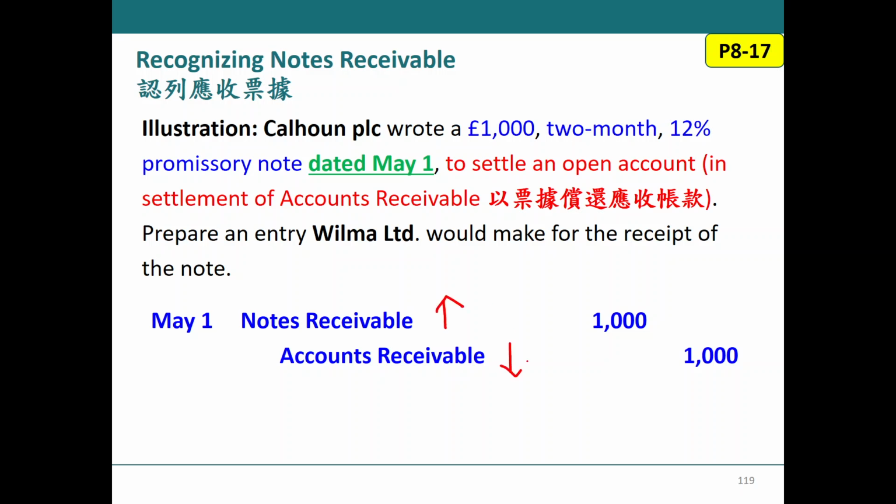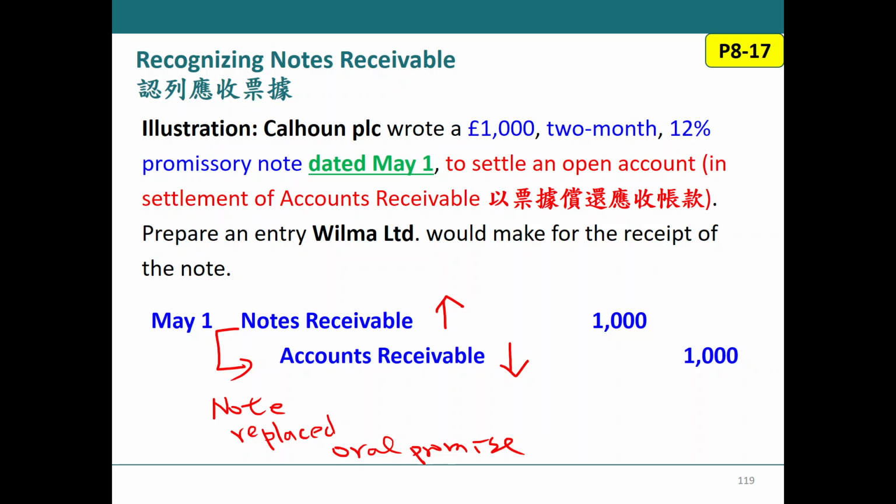Credit, accounts receivable, okay? Because the customer uses the note to replace the oral promise. No problem? Okay, so that's May 1st.